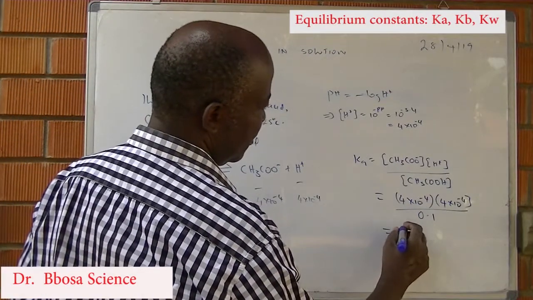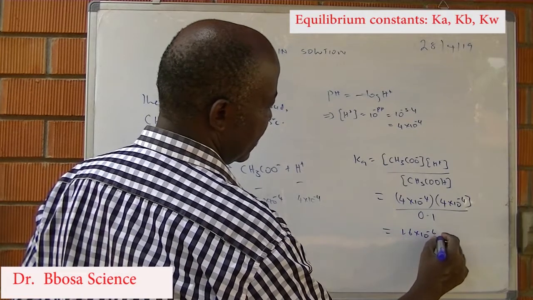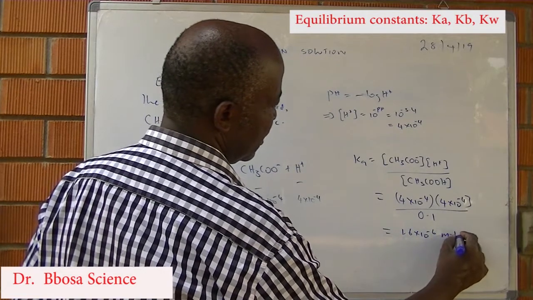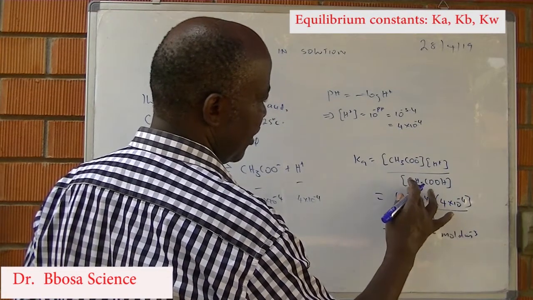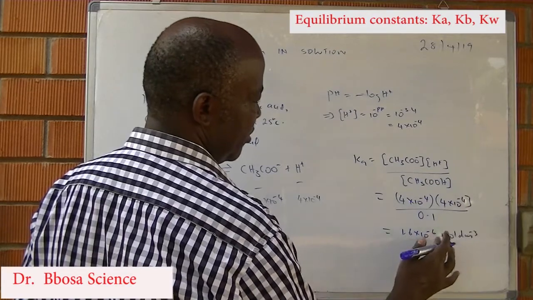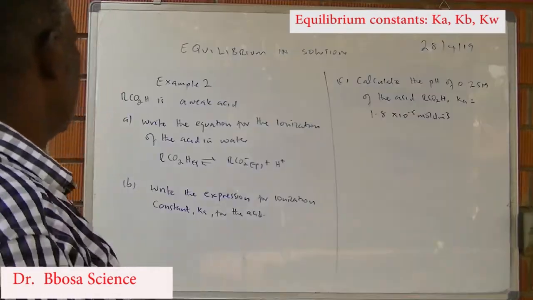This will be equal to 1.6 times 10 to the power negative 6 moles per decimeter cubed. So the moles per decimeter will cancel with this one, remain with moles per decimeter cubed.